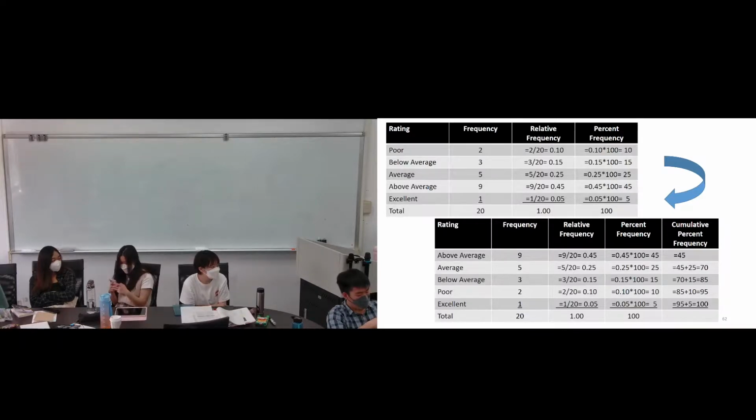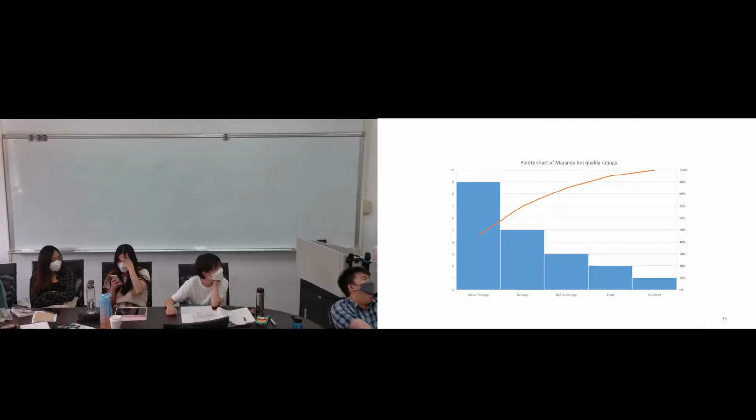Above average, and then average. The third is below average, and then poor. The last one is excellent. So we should put the classes in descending order, and then in each of the classes we draw the cumulative percent frequency.